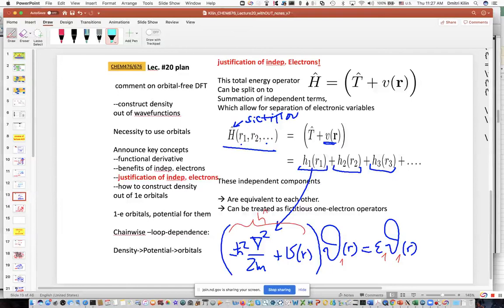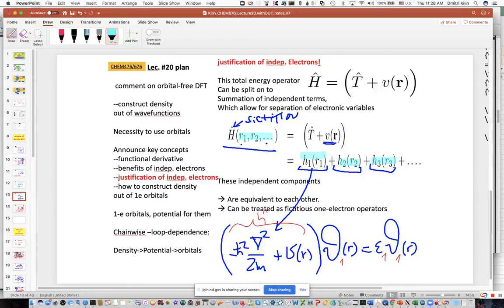Therefore, the big Hamiltonian for many electrons, and I bring it to your attention once again, we are in the auxiliary world where electrons do not interact with each other. So from the multi-electron Hamiltonian, we go to a summation of partial Hamiltonians for each electron separately. Since electrons do not interact with each other, this is very possible.